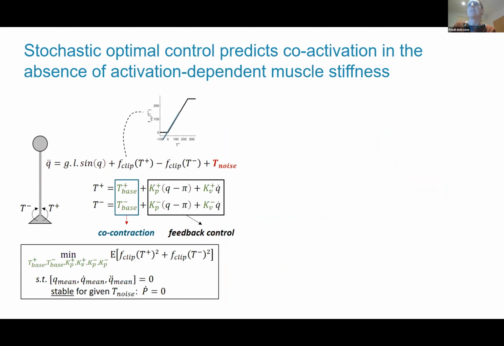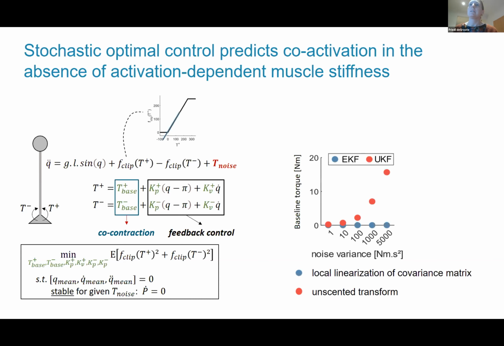So in this case, we decided to not model muscle mechanics and instead to use two antagonistic torque actuators. And as such, we could attribute co-contraction to this agonist-antagonist dual control only. And so again, we considered feed-forward and feedback activation, and we used both a local linearization and an unscented transform to propagate the covariance matrix.